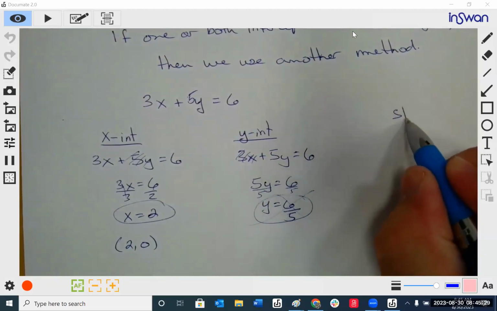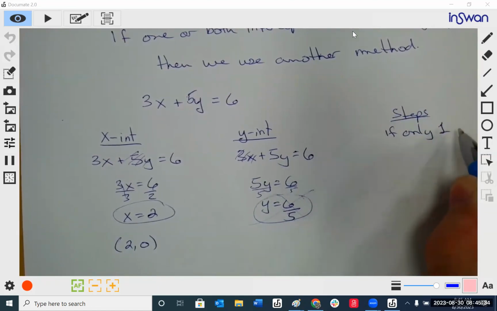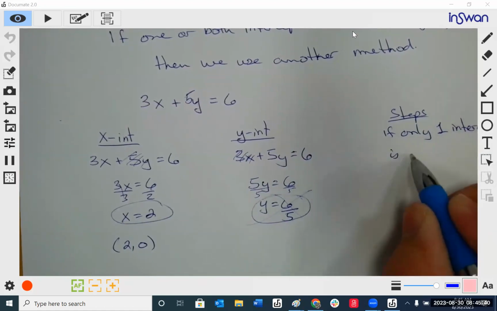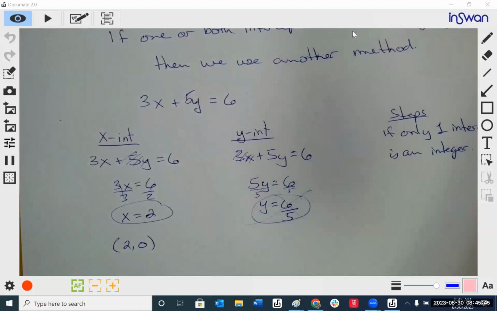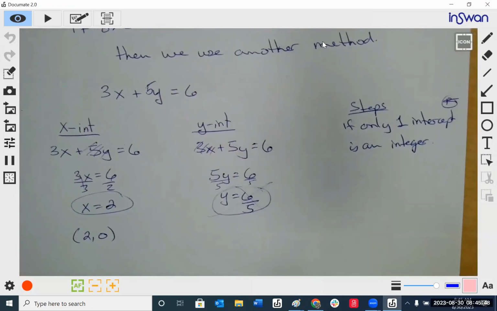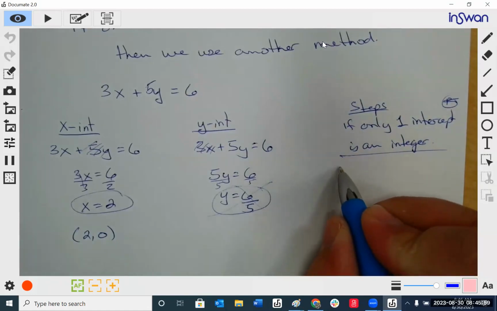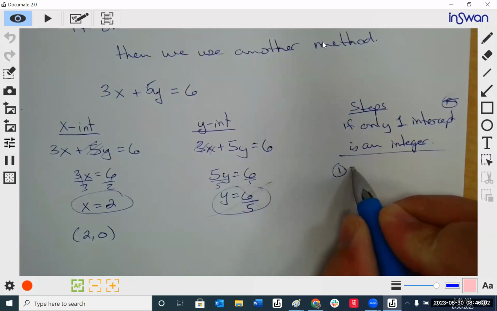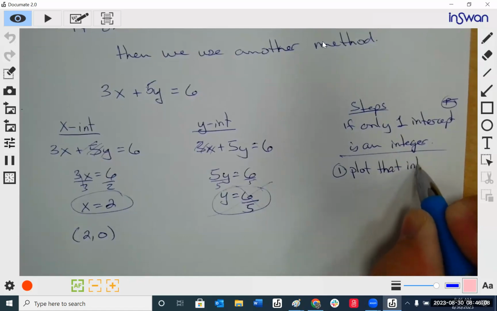So here, the steps. If only one intercept is an integer, step one: plot that intercept.